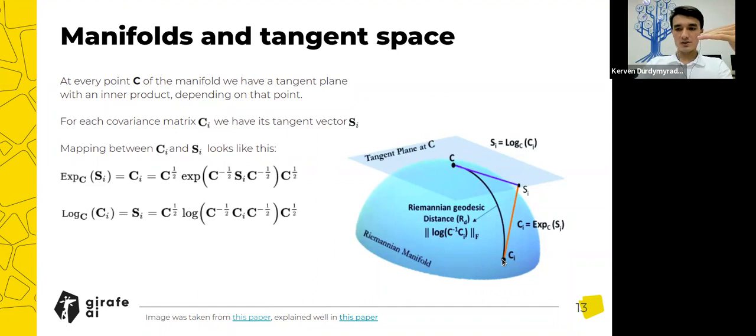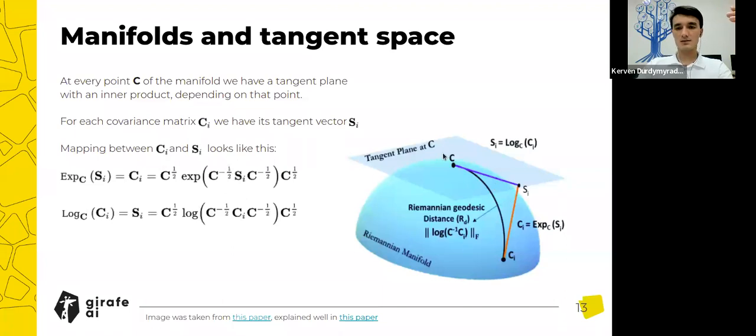On the Riemannian geometry, we can project this covariance matrix to the tangent plane, I mean the tangent space. As a result, we can get the vector form of our covariance matrices.